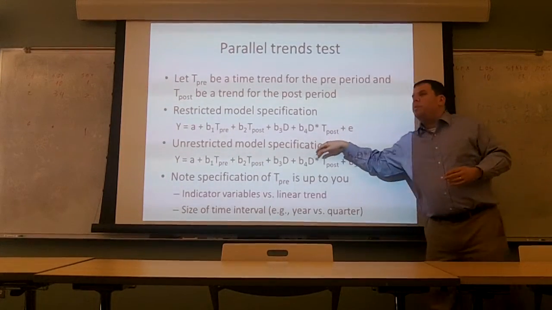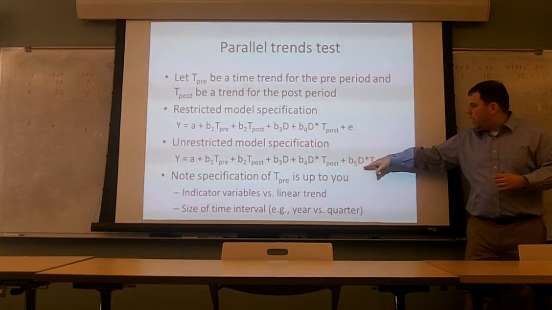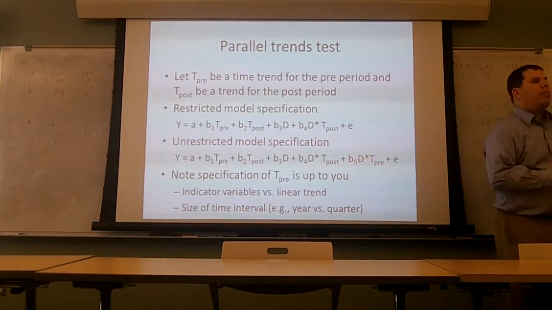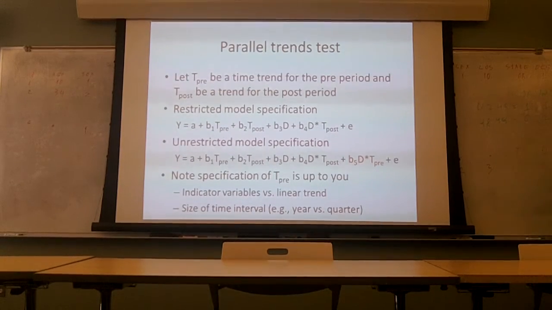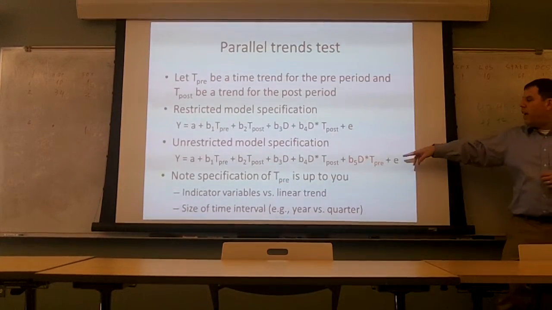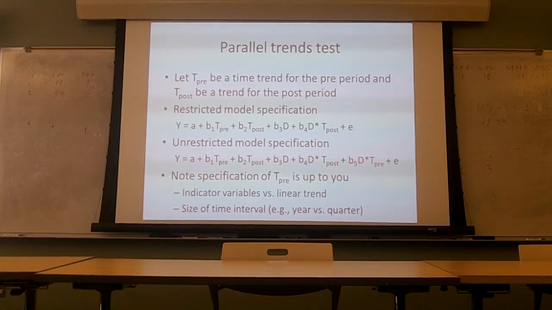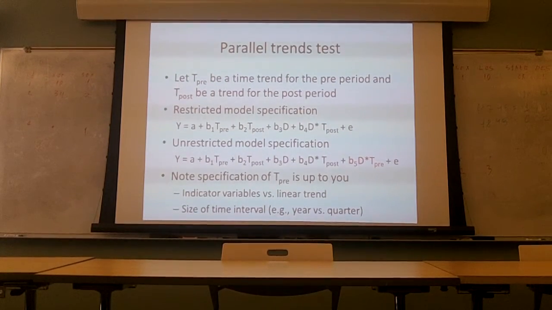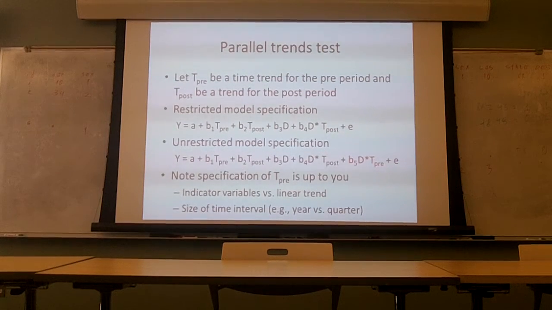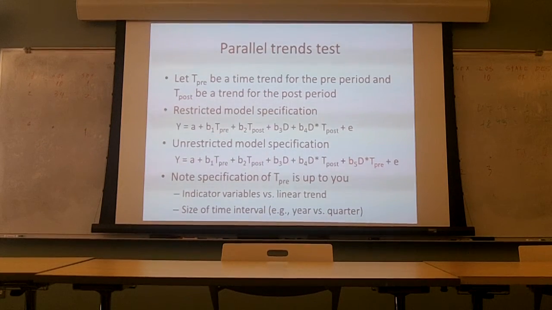We can compare that to the unrestricted model specification where we add an interaction term for D times T sub pre, where we're allowing the pre-period trends to deviate from each other, and then the data will tell us whether or not this interaction term is significant, which would suggest that we have different pre-period trends. So we have an intervention, we have time on this axis, we have some outcome over here, things are proceeding along, and then boom.